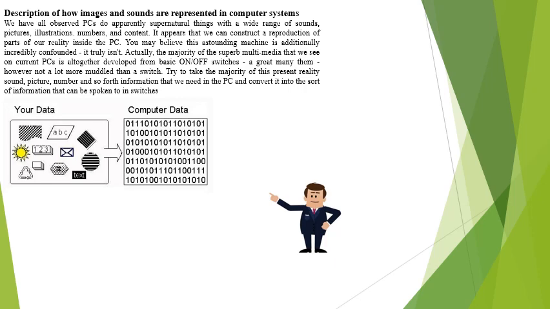A great many of them, though not much more complicated than a switch. So I have shown a flow of data of how images and sounds are represented in a computer system.